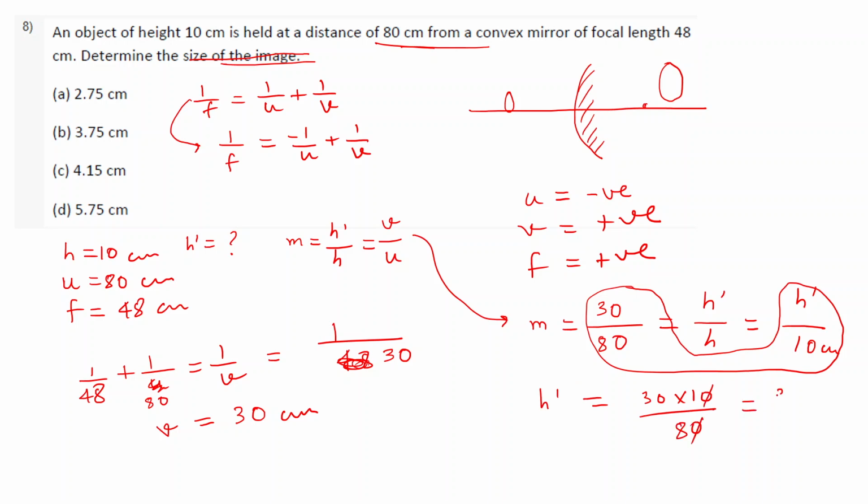So this will be 30 by 8 centimeter, which when I calculate, 30 divided by 8 is equal to 3.75. The answer is 3.75 centimeter. This is the correct answer.